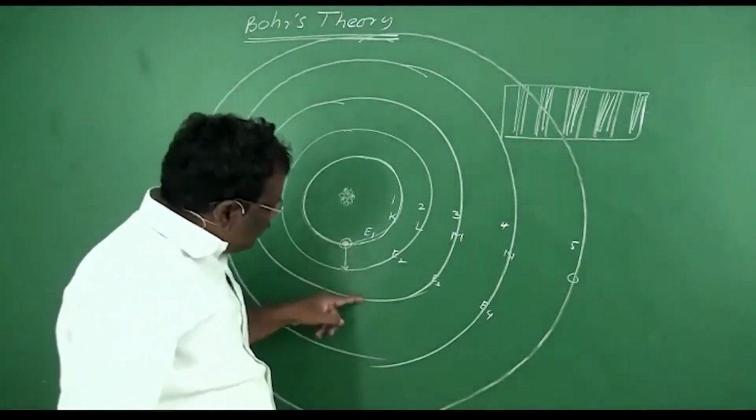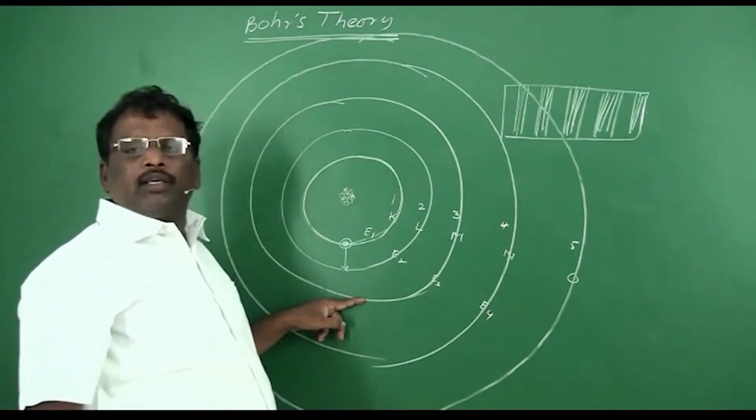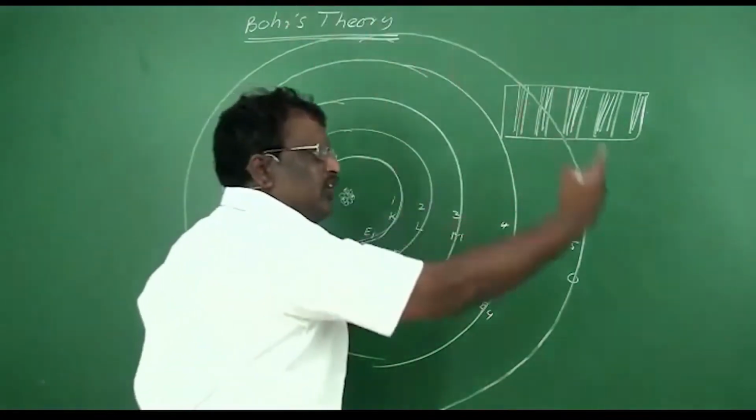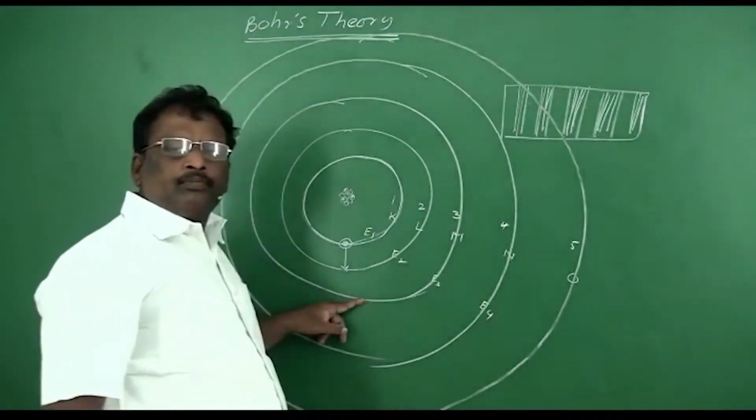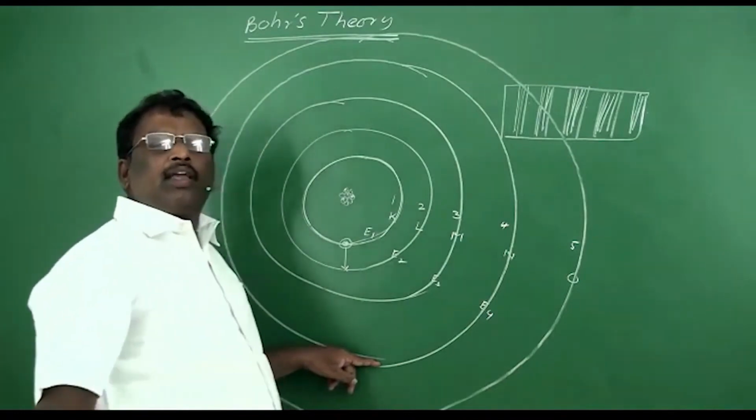If it is excited to this energy level, when its energy is equal to E3, then it will form another different line in the spectra. If it is excited to this level, it will form some other line.